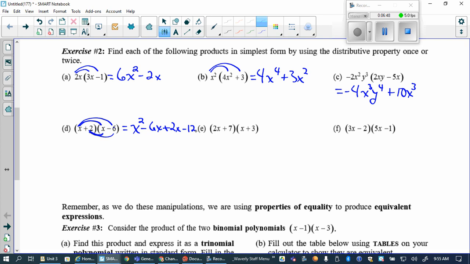Okay? Is there anything we can do here now to clean it up? We can combine like terms. So what's that give us? The negative 6x plus 2x, right? Okay? You get the idea, guys? You just distribute twice and then combine like terms.